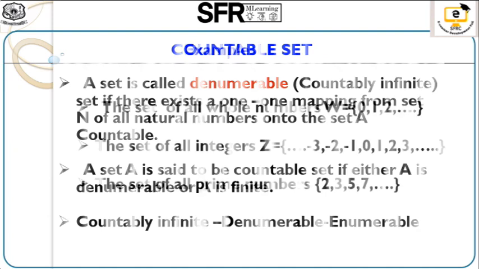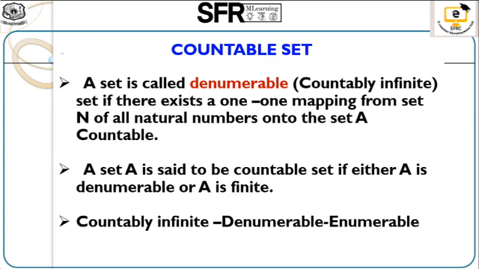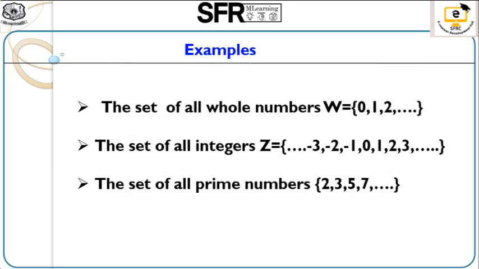Now see an example: the set of all whole numbers W, which starts from 0, 1, etc. Countable set means there is a one-to-one correspondence mapping from the natural numbers onto the set. Here the whole numbers have a one-to-one correspondence with the natural numbers N, which start from 1, 2, 3, etc. Therefore, the set W is a countable set.